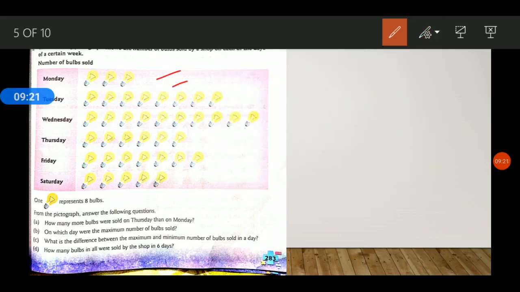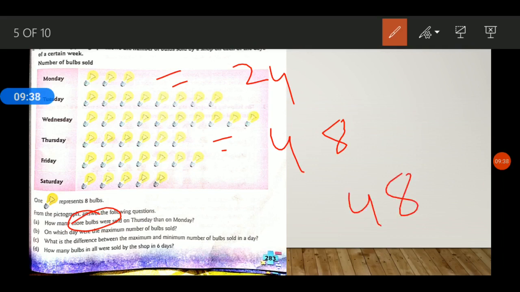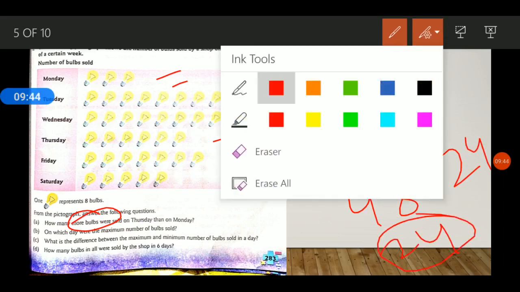Now see, on Monday 24 bulbs sold, and on Thursday 48 bulbs sold. But here the question is, how many more bulbs? Means on Thursday how many more bulbs sold than on Monday? So more bulbs are 48 minus 24, and the answer will be 24 more bulbs were sold.